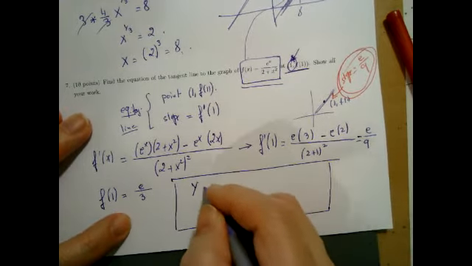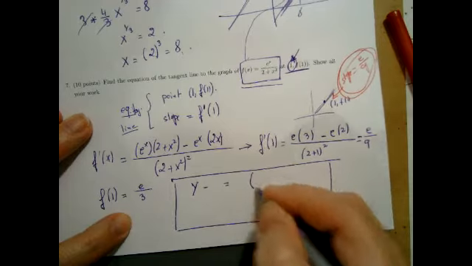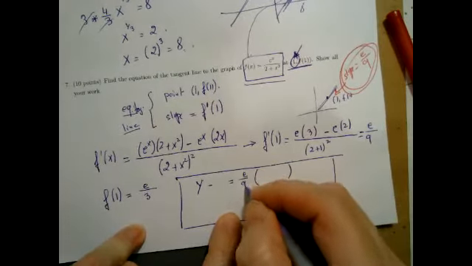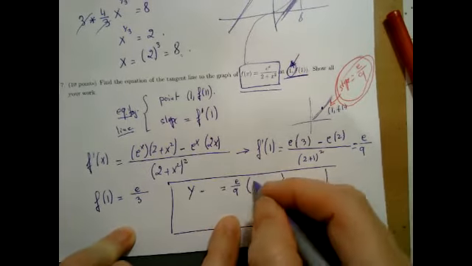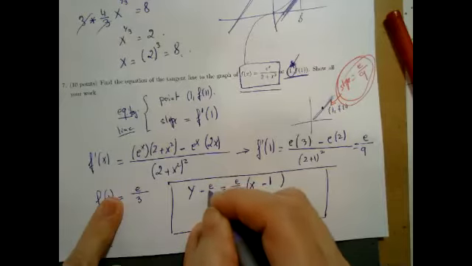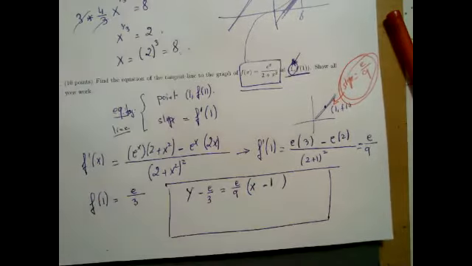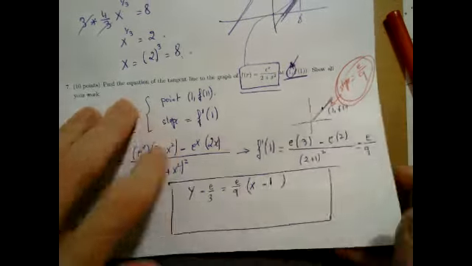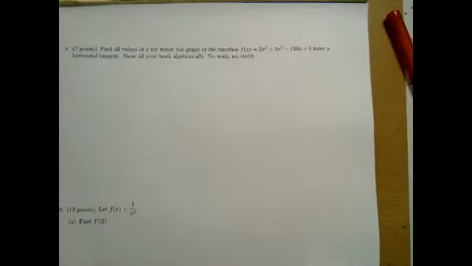The slope is e over 9. The point is 1, f of 1, which is e over 3. Equation of the tangent line. All right. So every question here is a candidate for an exam question.